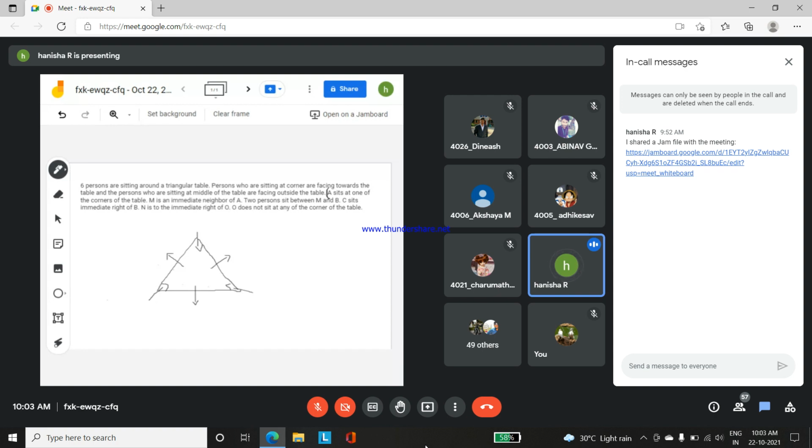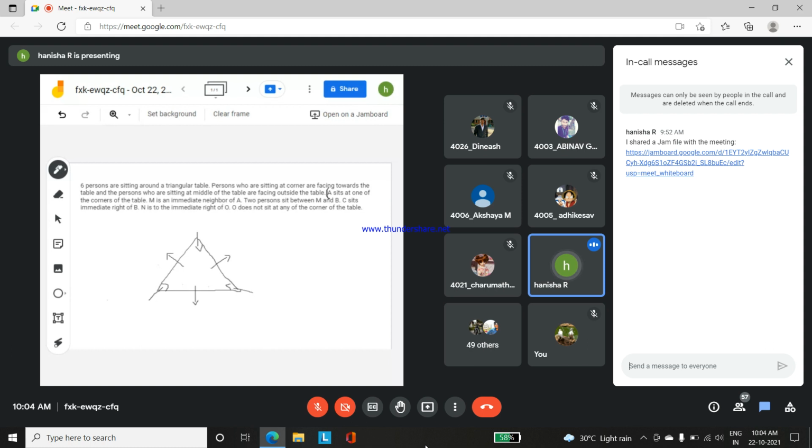Based on the clue, you can solve the problem easily within a short span of time, or you may require more time. The time consumption depends on the initial and important clue which you start with.